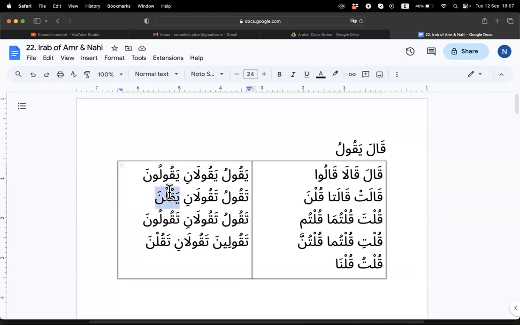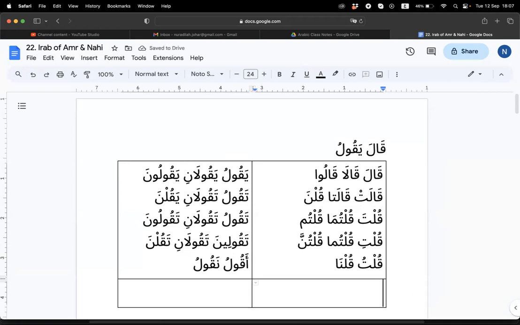Just follow this one, change to ta, you get it already. And then ana: huwa yaqulu, aqulu. Nahnu, naqulu. Okay, so this is fi'il mudhari.